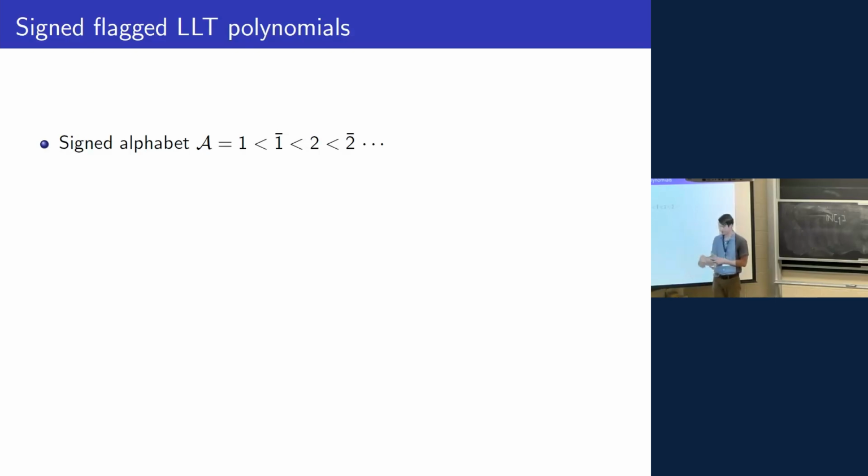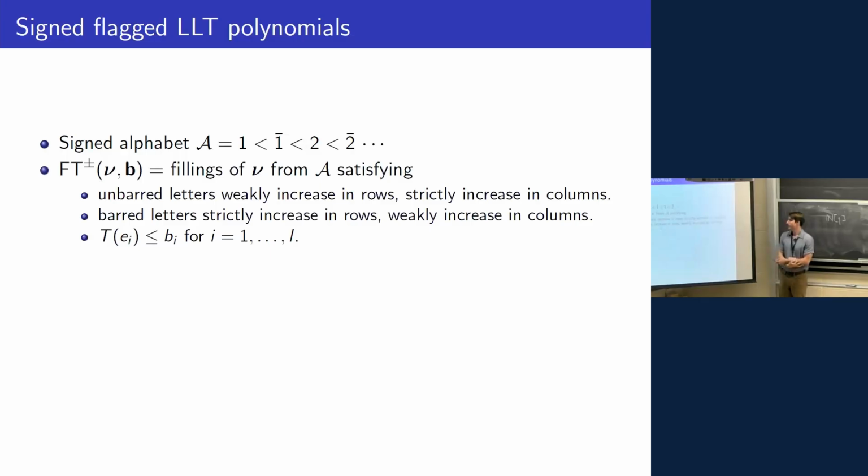So I want to define a signed alphabet where I have 1 bar, 2 bar, and so on, ordered as so. And then I'm going to have these barred letters behave differently than the unbarred letters. The unbarred letters, the usual ones, will behave as before, weakly increasing along rows, strictly up columns. But the barred ones will do the opposite. They'll strictly increase along rows and weakly increase up columns.